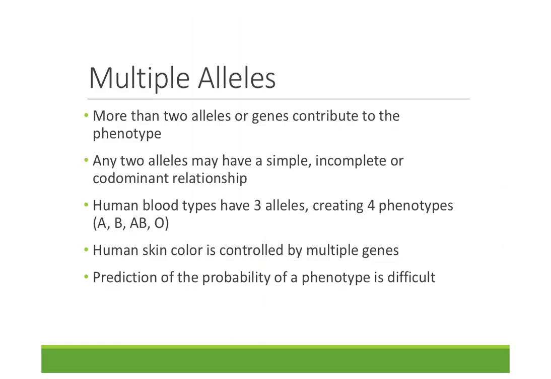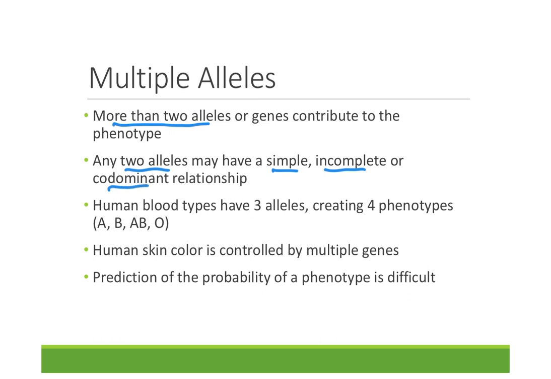Another way alleles can interact is when you have multiple alleles, more than two alleles, or even more than two genes contributing to a particular phenotype. And within those multiple alleles, any combination of two of them might have a simple dominant, or an incomplete dominance, or a codominance relationship.